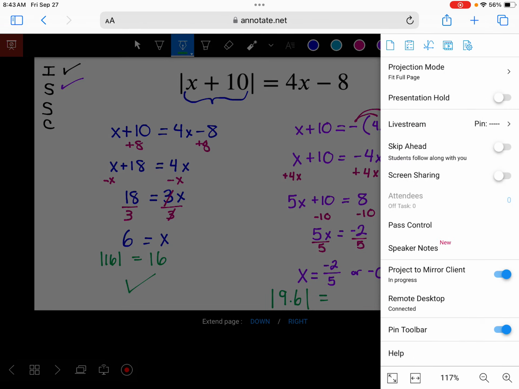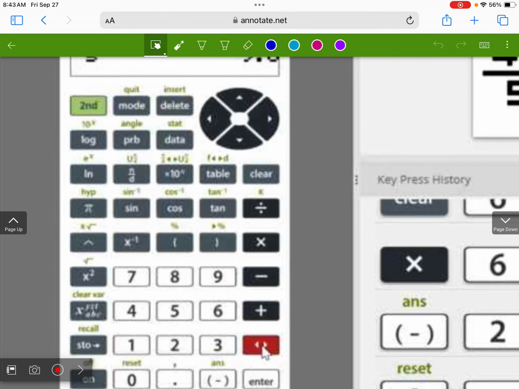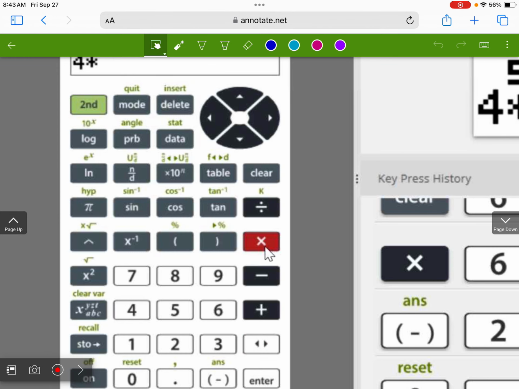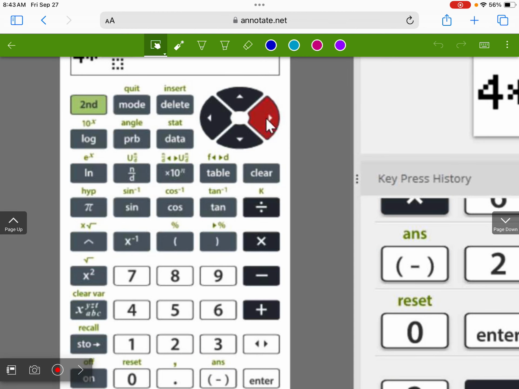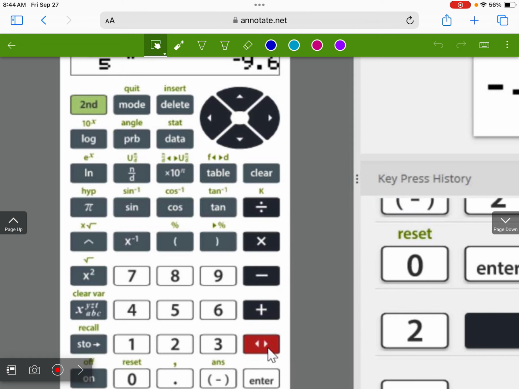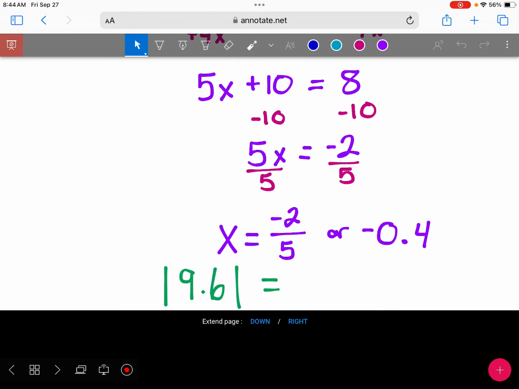My right-hand side, I'm going to do the same way. We're going to have our 4 times our fraction of negative 2 over 5, minus 8. And we get negative 48/5 or negative 9.6.